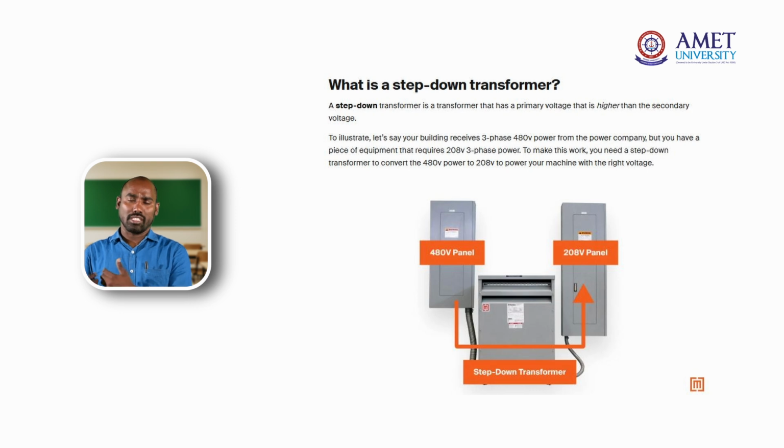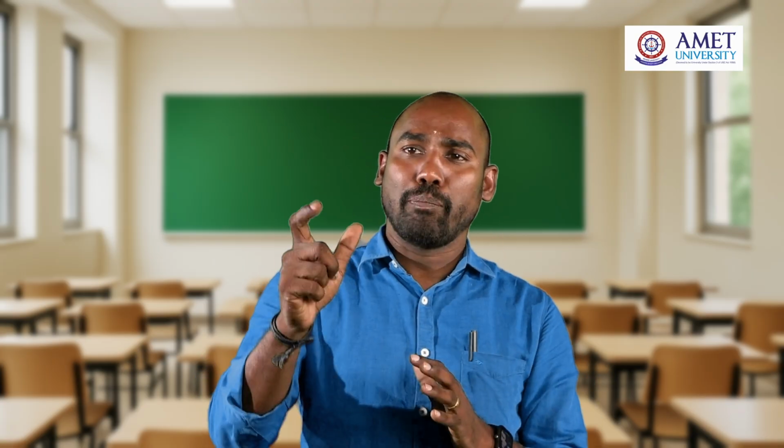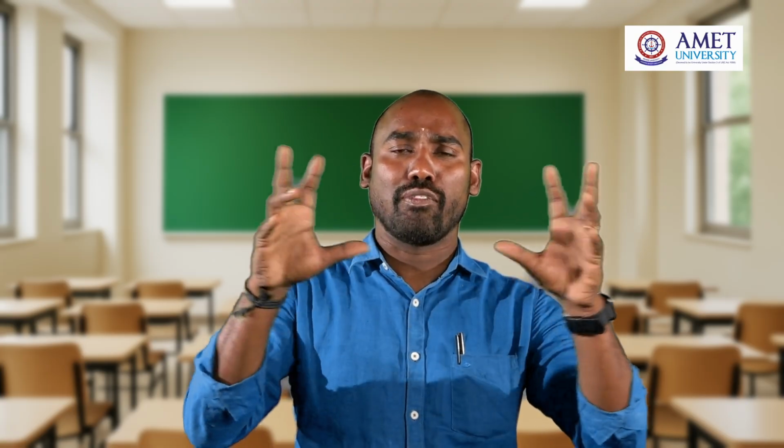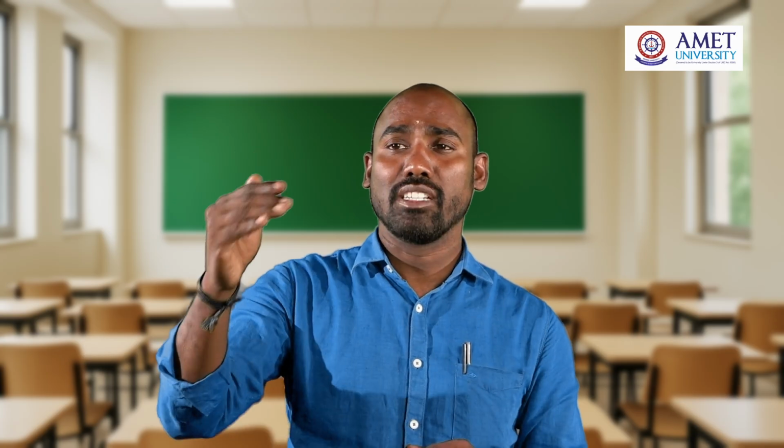What about the step-down transformer? A step-down transformer reduces the voltage, so the number of turns in the secondary coil is lesser than the primary coil. Keep in mind that the number of turns in the secondary coil determines the type of transformer. The number of turns is more in the step-up and less in the step-down transformer.